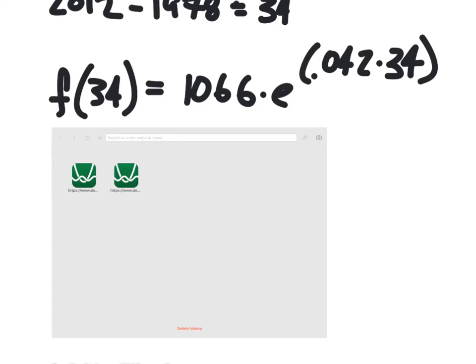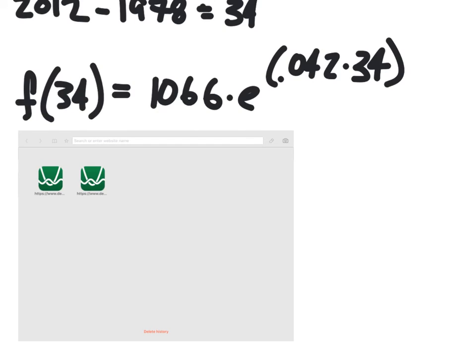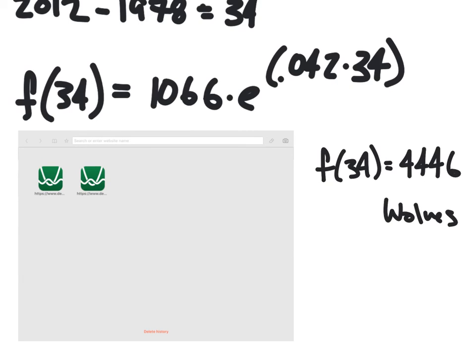What that gives me is 4,445.59. We'll round that to the nearest wolf, so f of 34 is equal to 4,446 wolves in 2012.